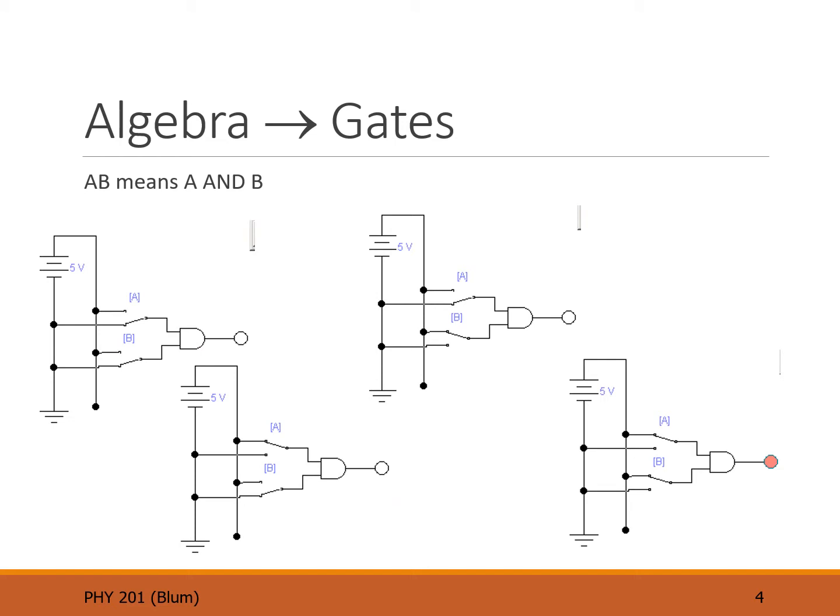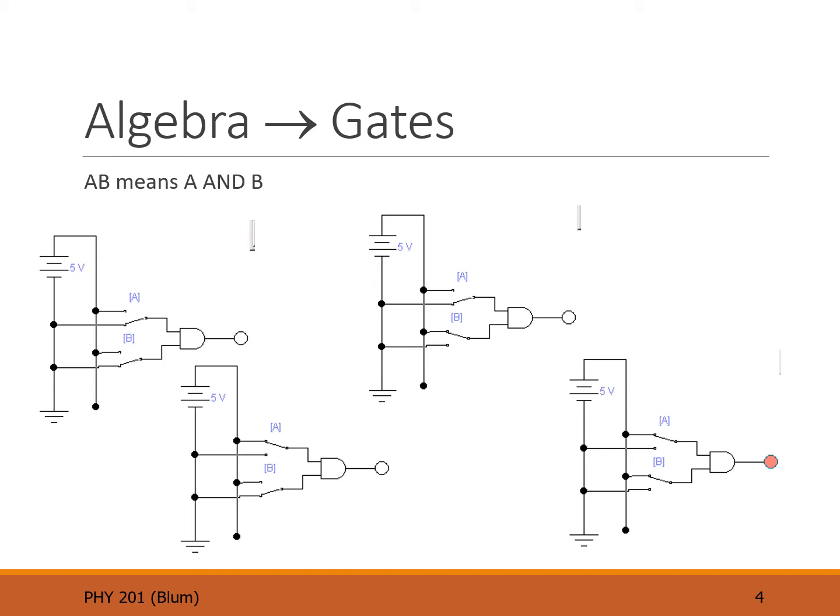For the Boolean algebra, we will use a notation where AB means that the input A and the input B are ANDed. And when two things are ANDed, it is only true when both things are true. Now we are going to be working with electronics, and so we're going to talk about high instead of true.